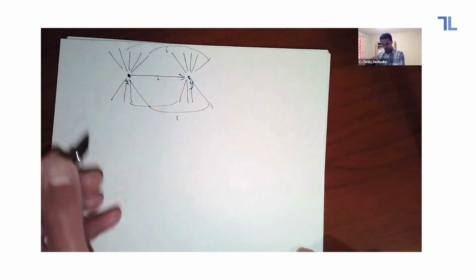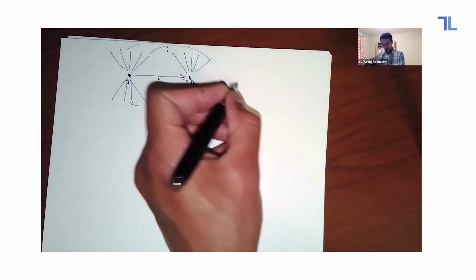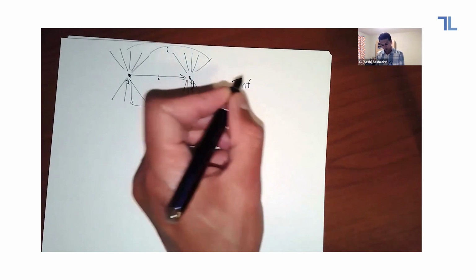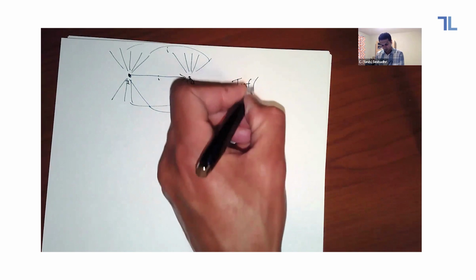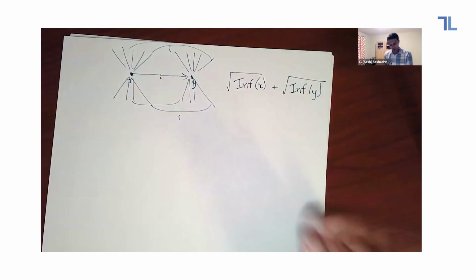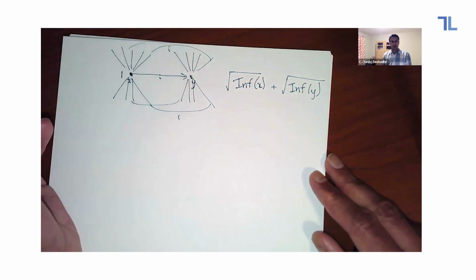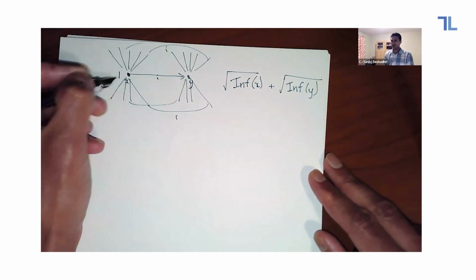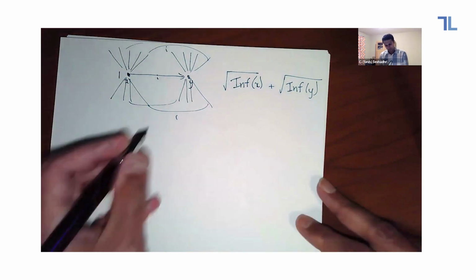So I'm going to look at what I'll just call the inf of x plus the inf of y. Just standard square roots, right? You look at any value that's a 1, you're only tracking influence there, and you look at how many things are zeros in these, and that's the influence.